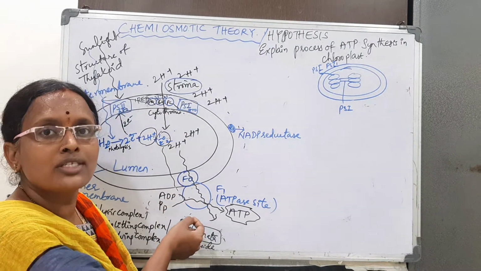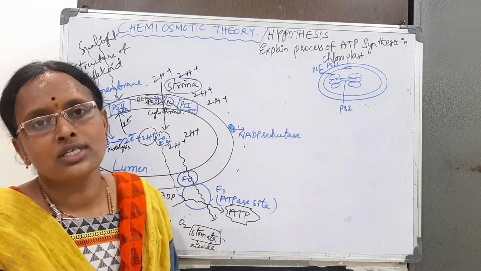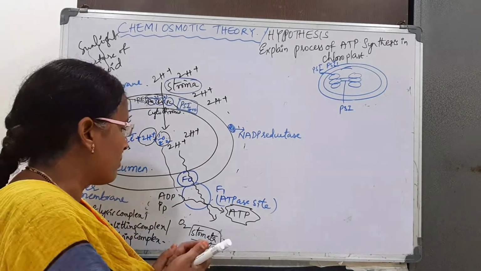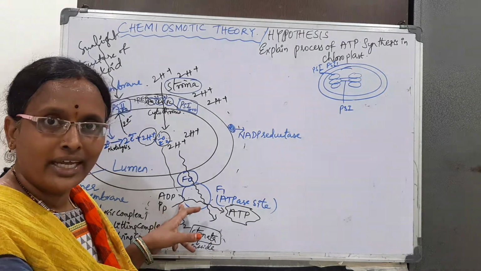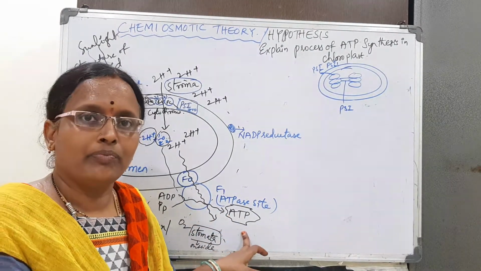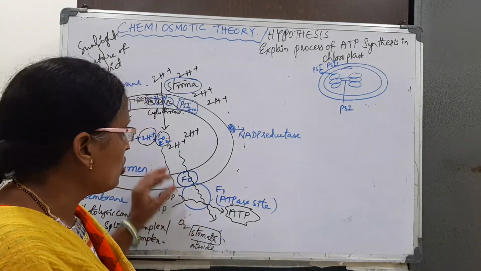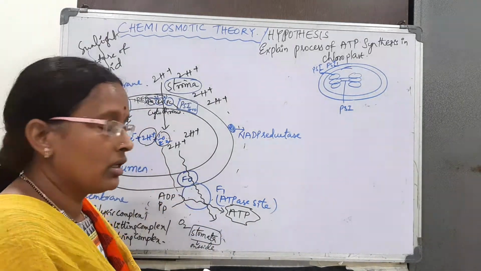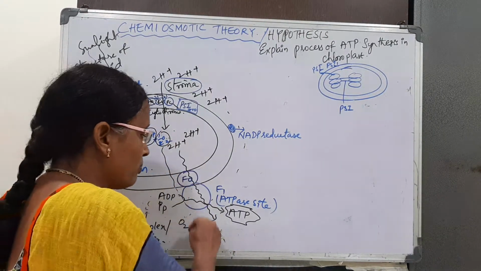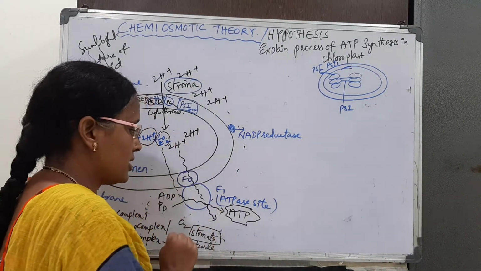That energy is utilized to combine inorganic phosphate and ADP to synthesize ATP. So here one problem is solved: the protons that accumulated are also pumped out through the special channels.